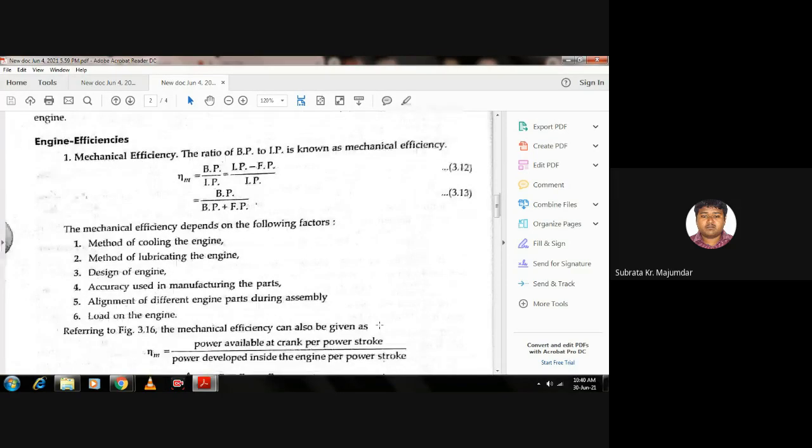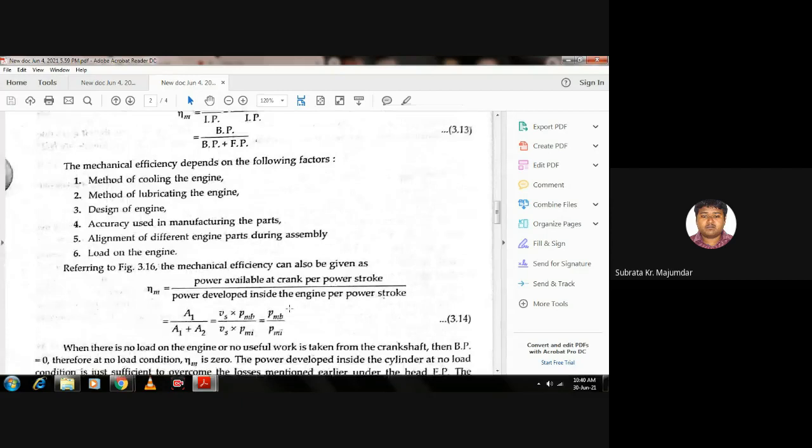And there are several factors which affect the mechanical efficiency. So what are the factors on which the mechanical efficiency depends? First, the method of cooling of the engine.